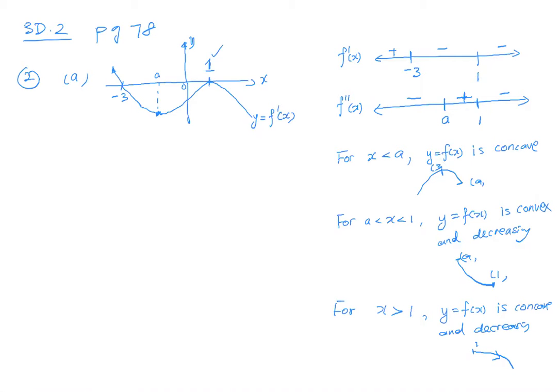You see, in this case, I can say F prime 1 is equal to F double prime 1 is equal to 0, right? So you see, if the same number appears in the F prime X sign diagram and the F double prime sign diagram, this is telling you the point is a stationary point.